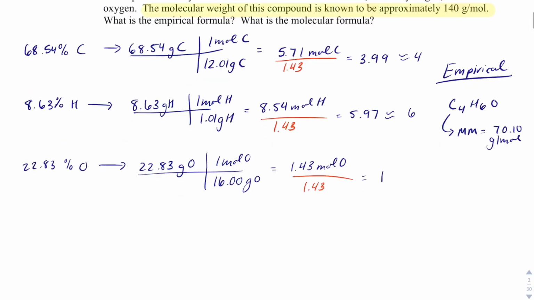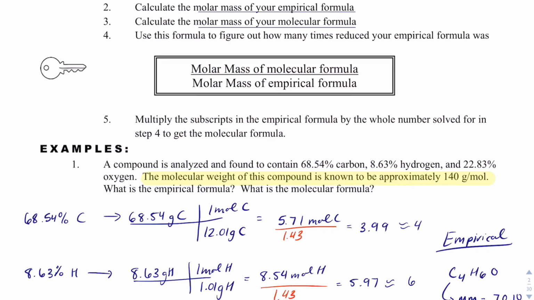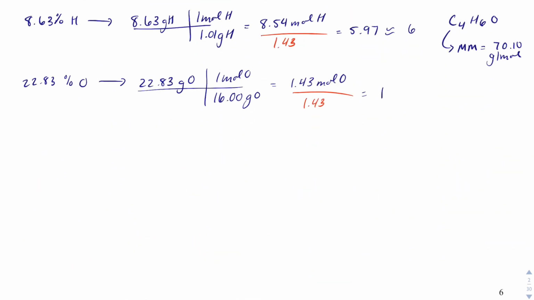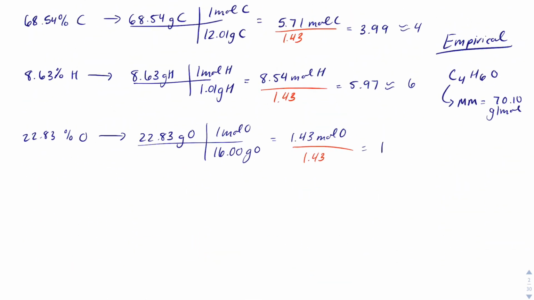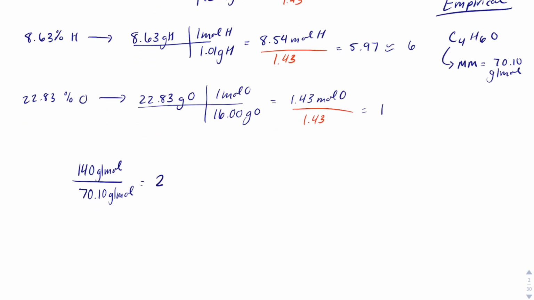So what I can do is use this formula, where it specifically tells me that I'm going to take the molar mass of the molecular formula and divide it by the molar mass of the empirical formula, or I can just think about it as 140 grams per mole is what I need. Right now I have 70.10 grams per mole, and I can see how many times, and you probably can already see the answer, that we get 2.